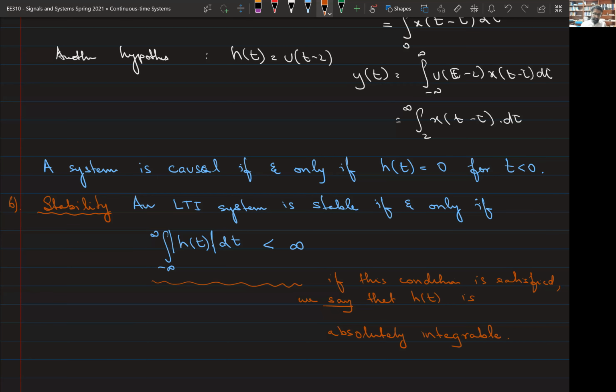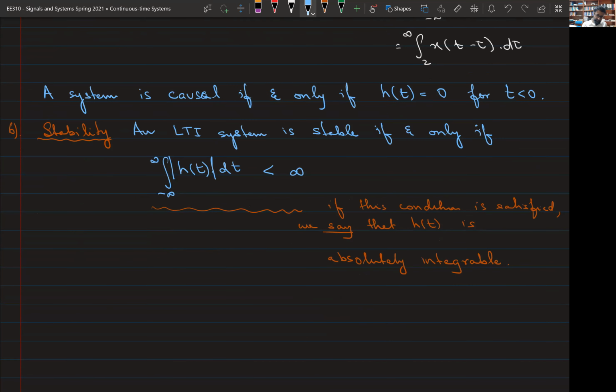Right? So let me put a question to you. Consider an LTI system which has an impulse response h of t equal to e raised to power minus 2t times u of t.